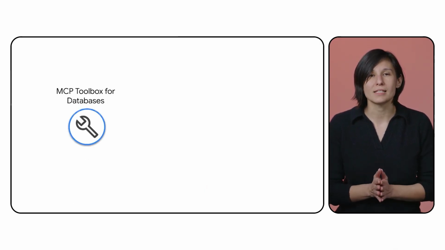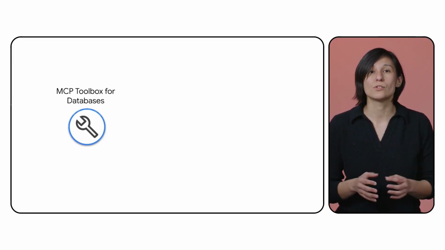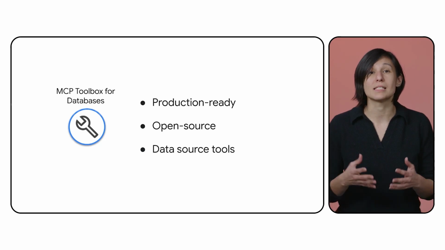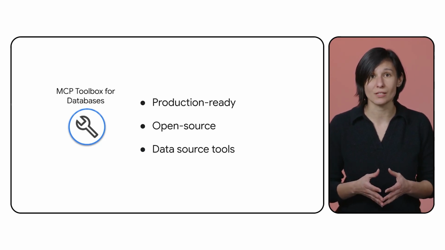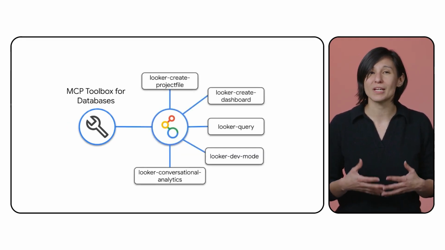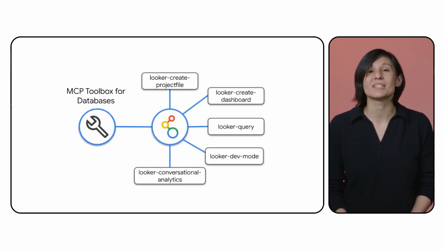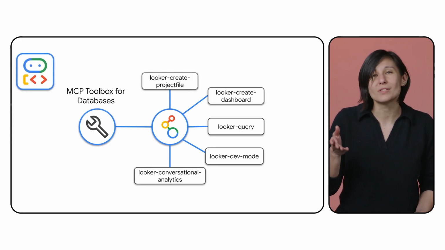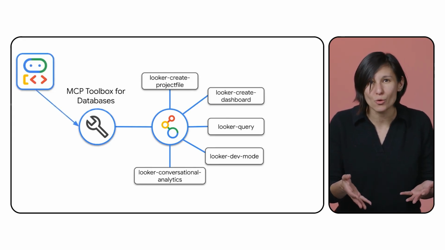To facilitate this connection, we use the MCP toolbox for databases. The toolbox is a production-ready, open-source resource designed specifically to expose data sources as MCP tools. The toolbox includes a pre-built Looker toolset, which acts as a library of capabilities for your agent. Instead of writing custom integration code for every new project, you simply point your agent at the toolbox.